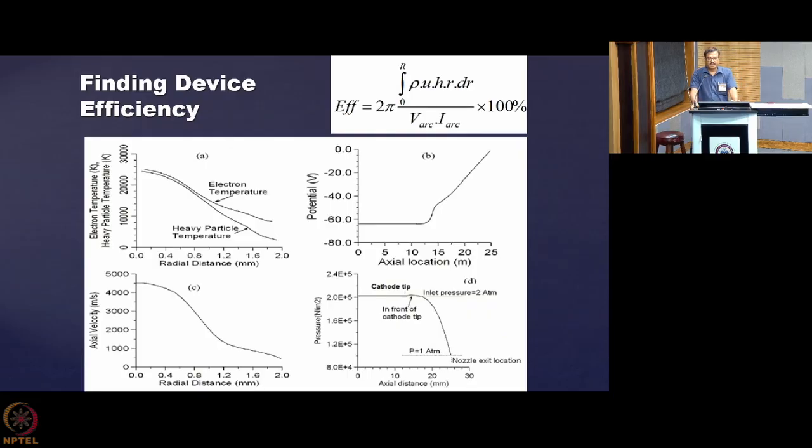Now 2πr dr constructs a cylindrical cell of thickness dr, and there the axial velocity is u(r). So this 2πr dr gives you an area, and when you multiply that by the velocity, that gives you the volume covered by the plasma in 1 second as it flows out.